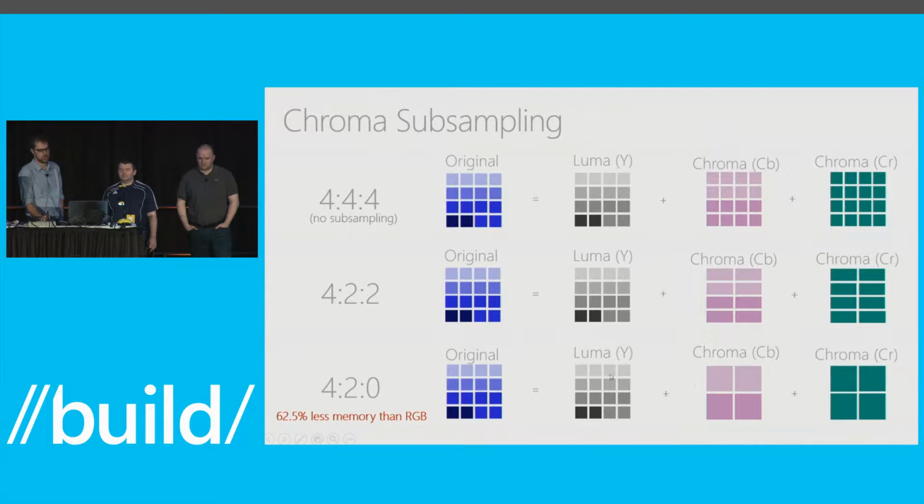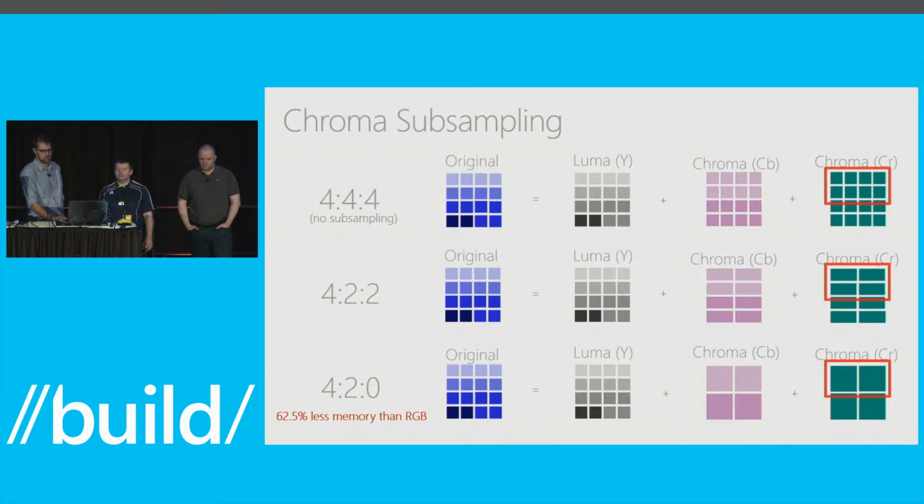Again, your eye is much more sensitive to the luma channel than the other two chroma channels. So in this encoding, you actually save up to 62.5% memory on the GPU. And because we're not doing any conversion in IE11 between your YUV format and RGB format, there's a bunch of CPU time we get back.